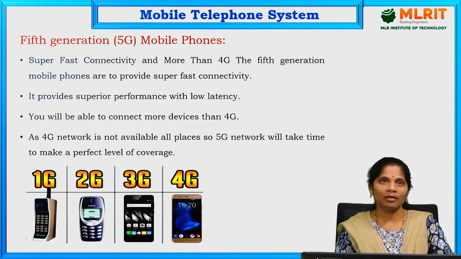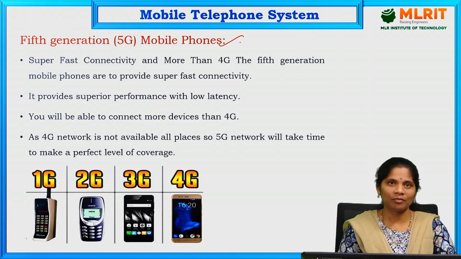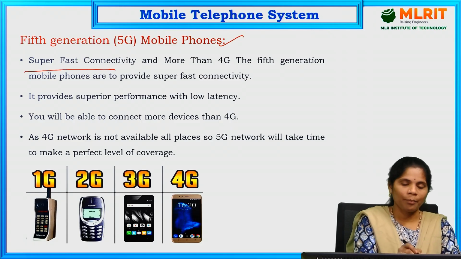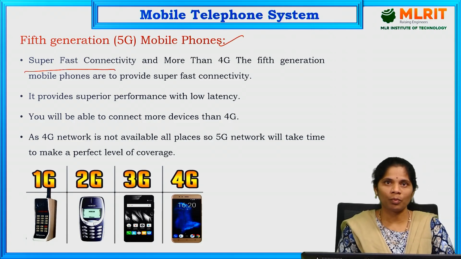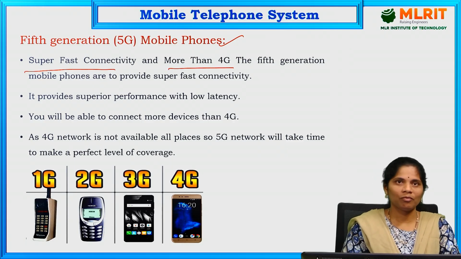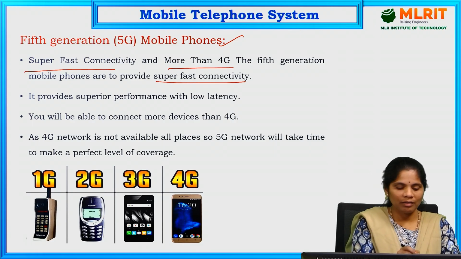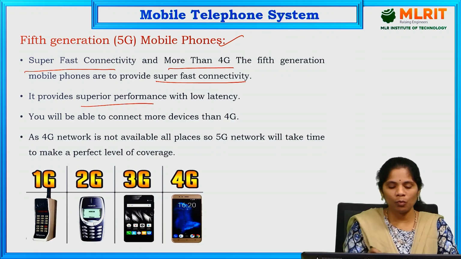And next one is the 5th generation mobile phones. Where exactly are we using 5th generation mobile phones? Compared to 3G and 4G, it is super fast. The 5th generation mobile phones mainly have super fast connectivity, and provide superior performance with low latency.